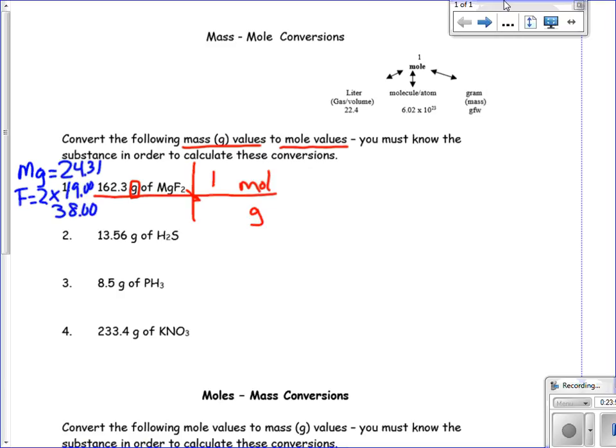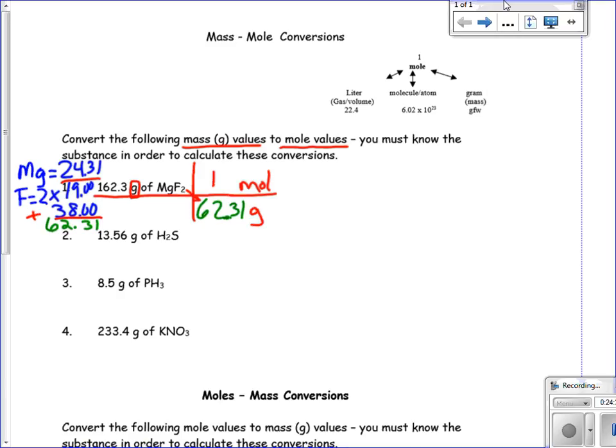So now I take my 24.31 and my 38.00 and I add them together. What do I get for my entire mass then? So that gives us 62.31. So then I would put that in here, 62.31 for my conversion factor.